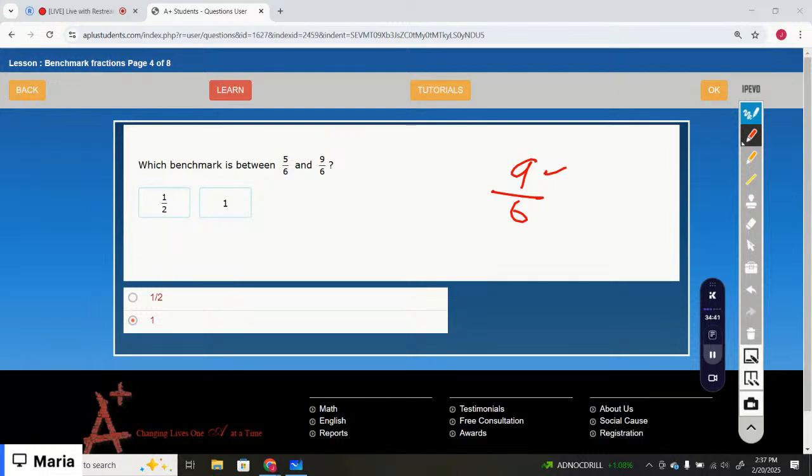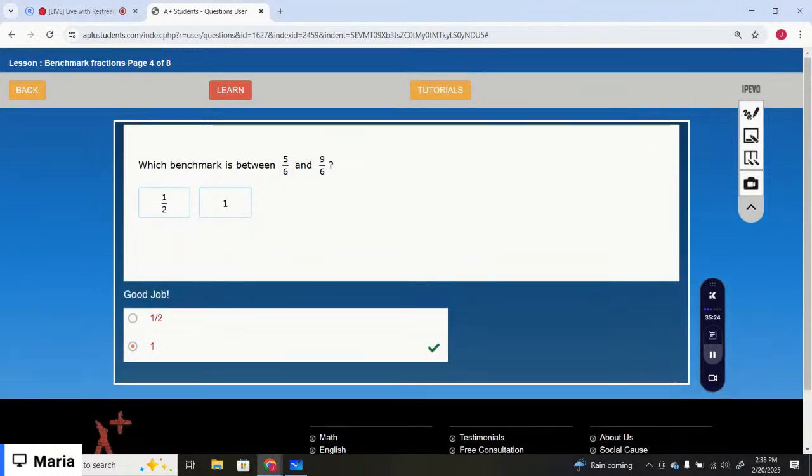So the benchmark between 5 by 6 and 9 by 6 is 1. Option 2 is the correct option.